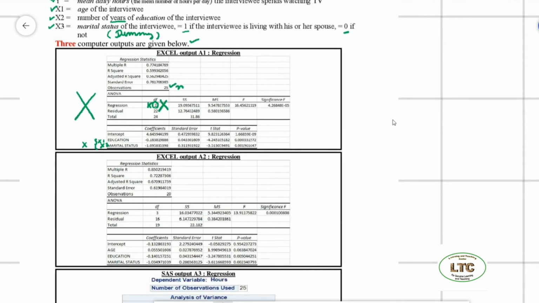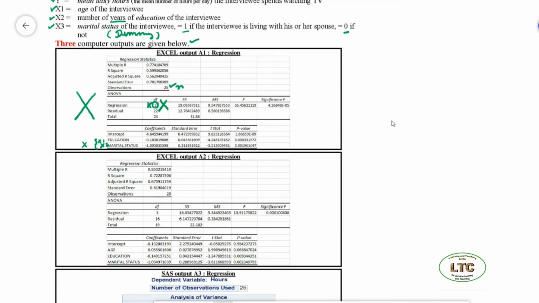Check a2. Number of observations 20, so fourth n must be 25. Here k is 3, correct, but here n is wrong. Age, education, marital status, this is alright, but n is wrong, therefore not this.